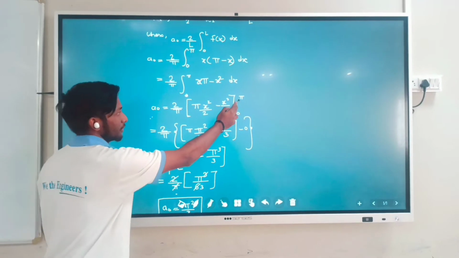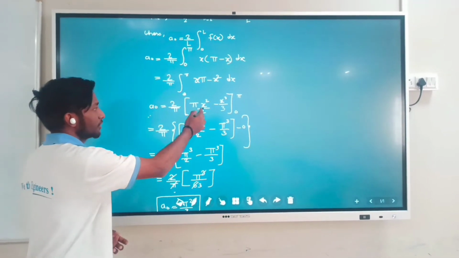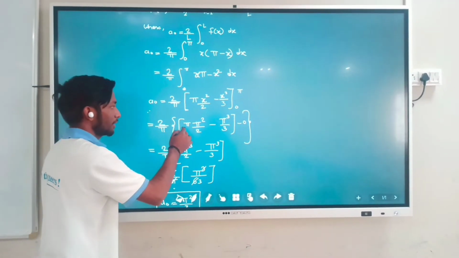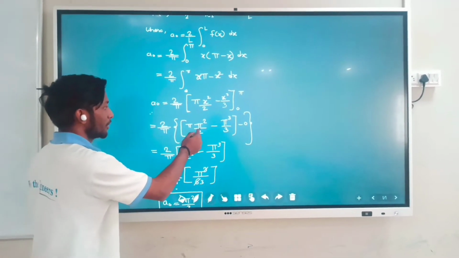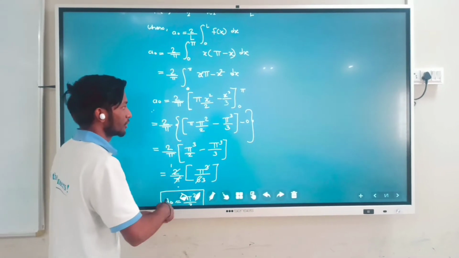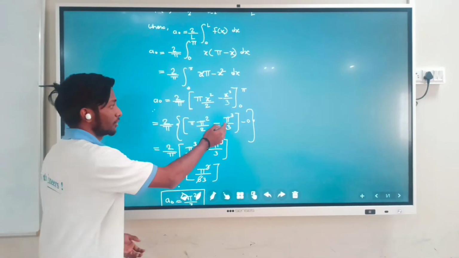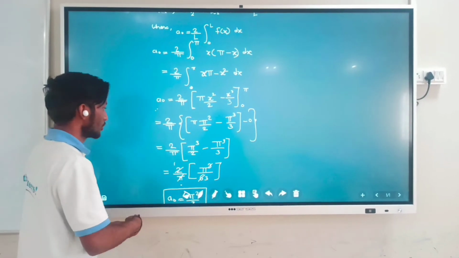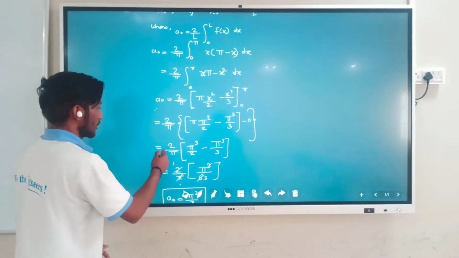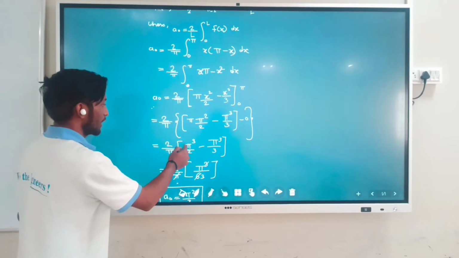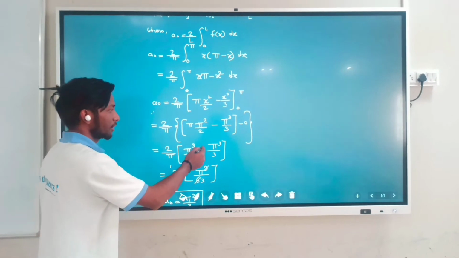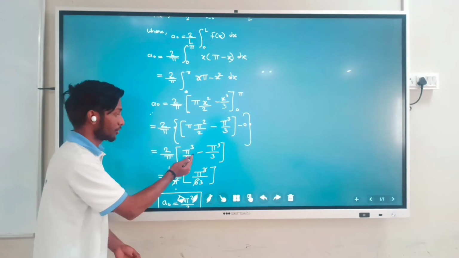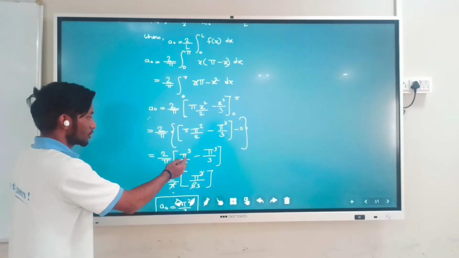We put pi in the place of x, so we get 2 upon pi into pi into pi squared upon 2 minus pi cube upon 3. When we put 0 in the place of x, the whole term becomes 0. So we get 2 upon pi into pi cube upon 2 minus pi cube upon 3. Now we cross multiply here.